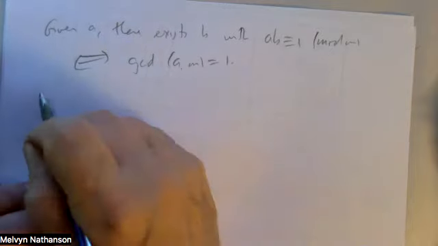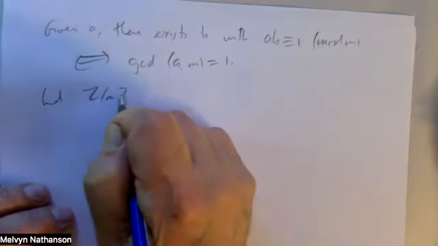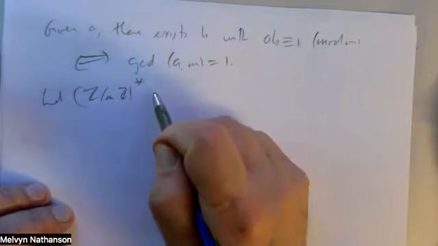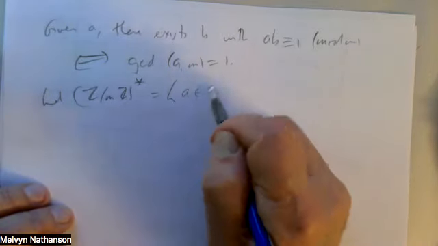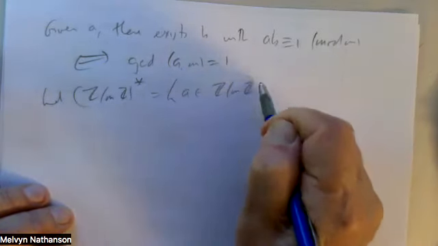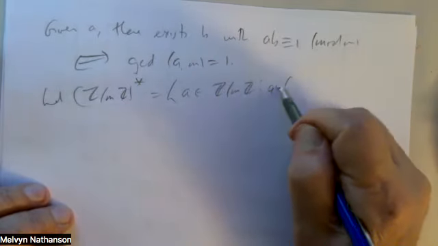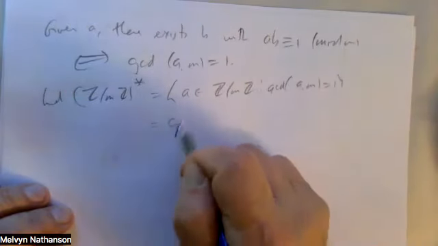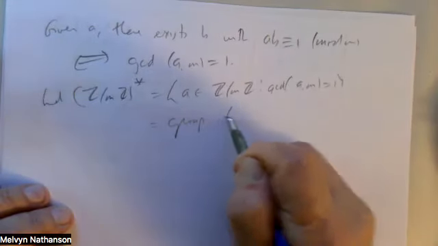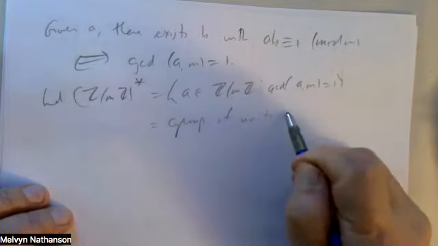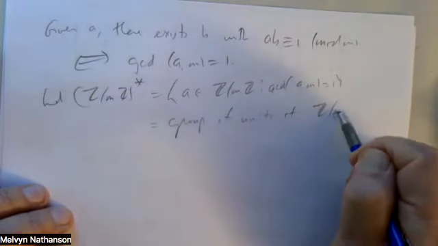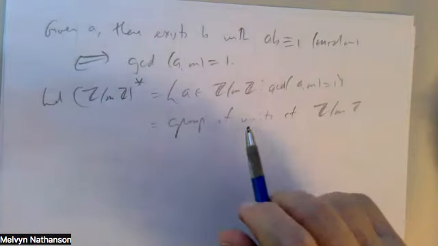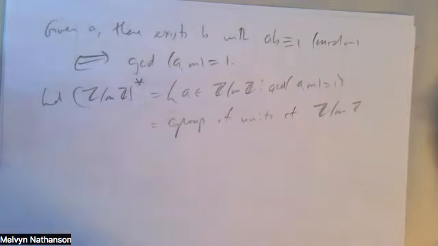So that Z mod MZ star is the set of all A in Z mod MZ such that the GCD of A and M is 1. This is called the group of units of the ring Z mod MZ. These are precisely the numbers which are invertible.